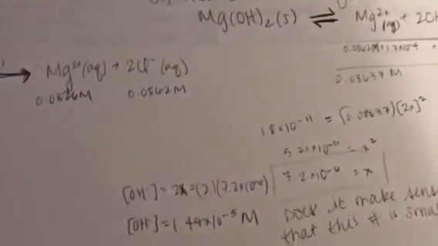So yes, it makes sense that it's smaller because my equilibrium has shifted to the left based on having more magnesium 2+ already in solution. This is the same idea as the common ion effect that we talked about. Adding a common ion will shift the equilibrium in your solution. So that's it. Let me know if you have any questions.